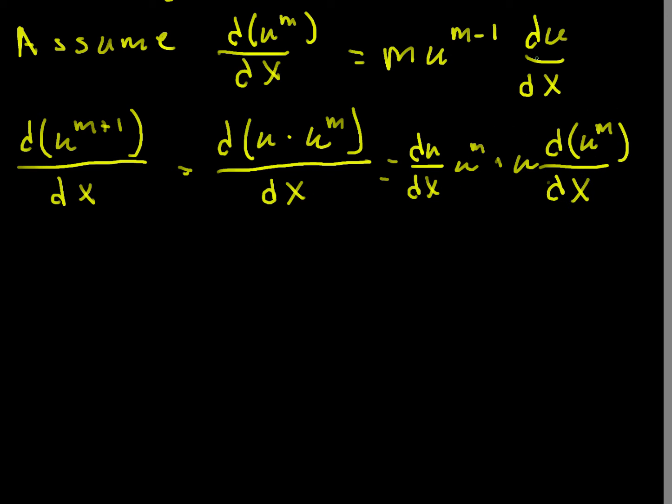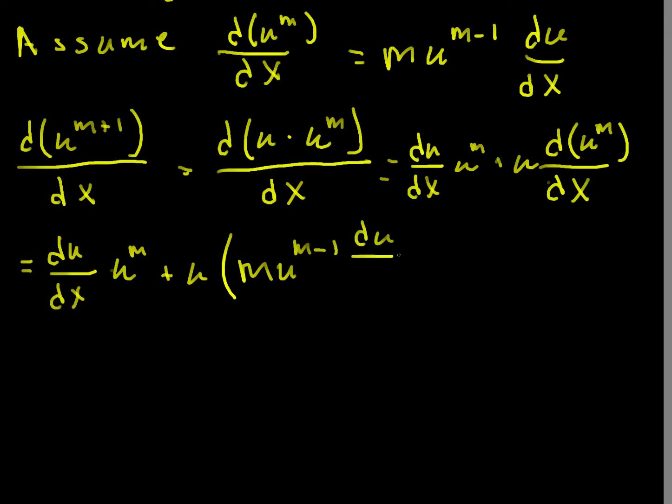And now from this assumption, we know what that derivative is. So this is du/dx times u to the m plus u times m u to the m minus 1 du/dx. This u comes in and increases this power by 1, so they agree.